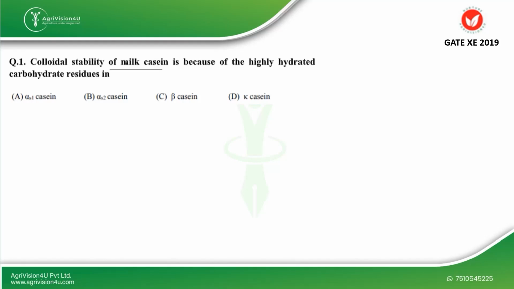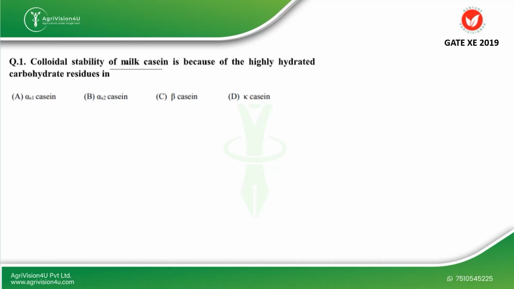Next, the kappa casein. Kappa casein basically plays a crucial part. Kappa casein is a minor component of casein but has a unique structure with a hydrophobic and a hydrophilic region.